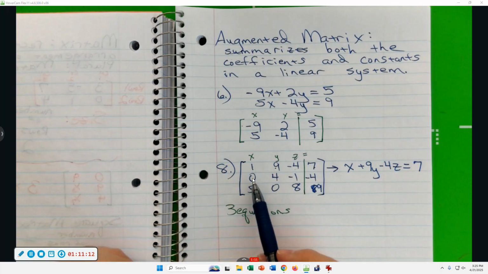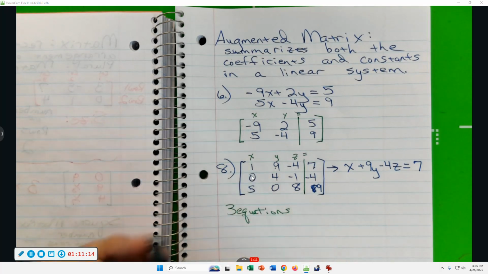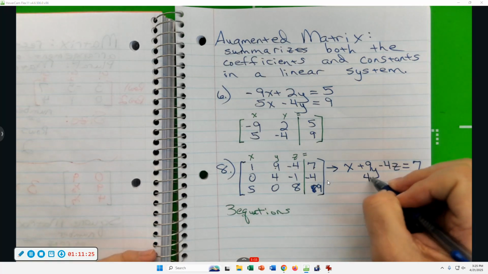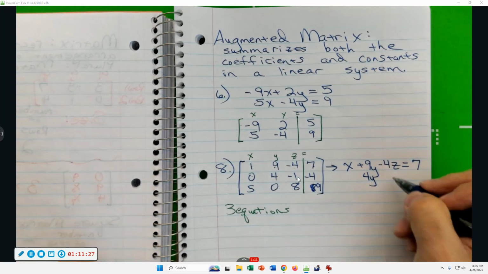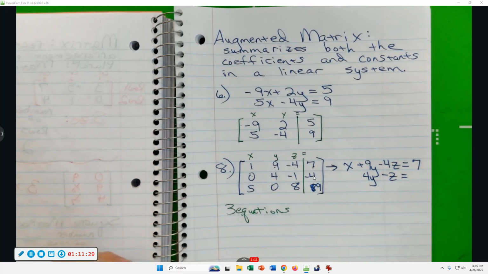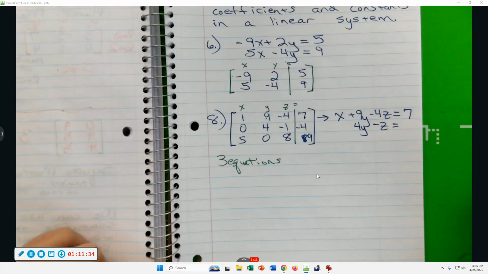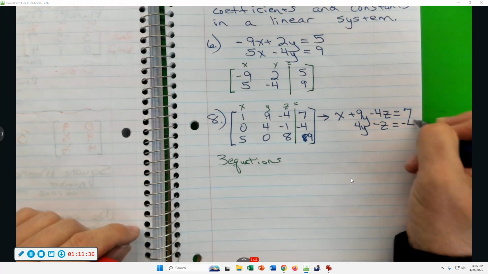Now the second row, 0x, what is that saying? Are we going to have an x here for the second equation? No, there's no x. There's a positive 4y. What else? Minus 1z equals -4. Okay, there's the second equation.